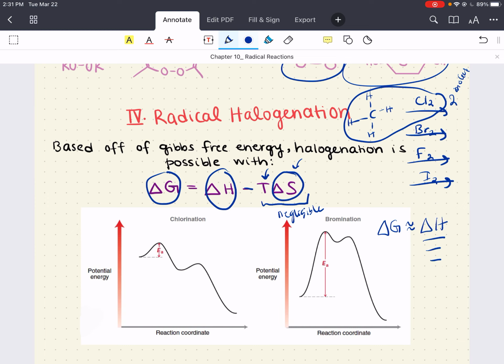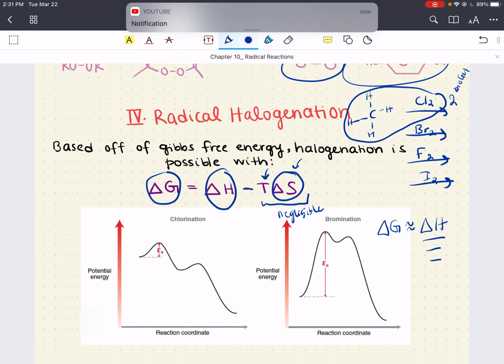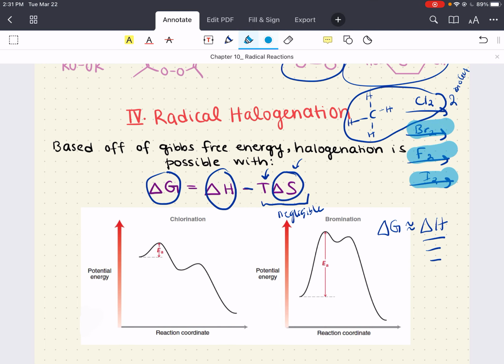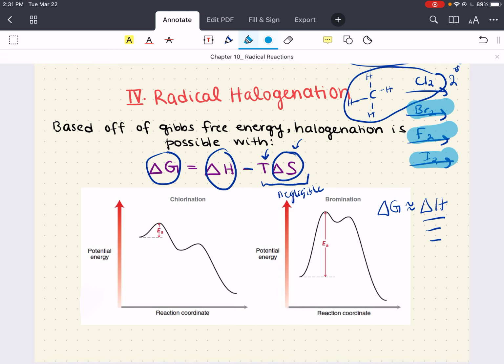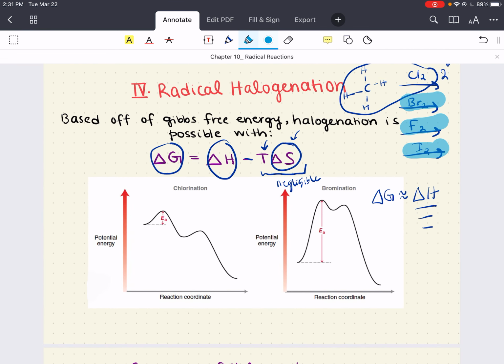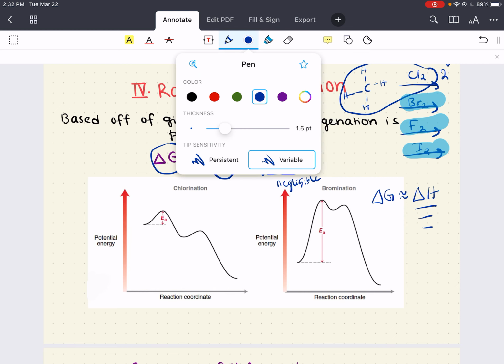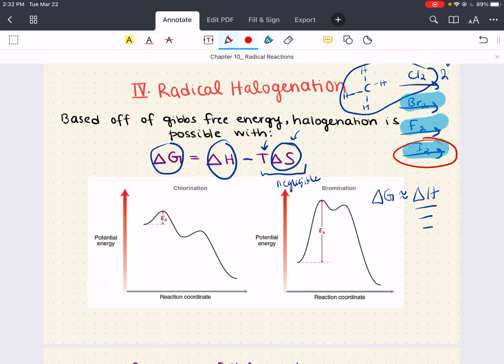All right? So that means we're going to focus on the enthalpy term to determine whether radical bromination, fluorination, or iodination is possible. So finding the change in enthalpy experimentally for all, focusing on the bond dissociation energy, we realize something important. We realize that all the processes are exothermic except for radical iodination.